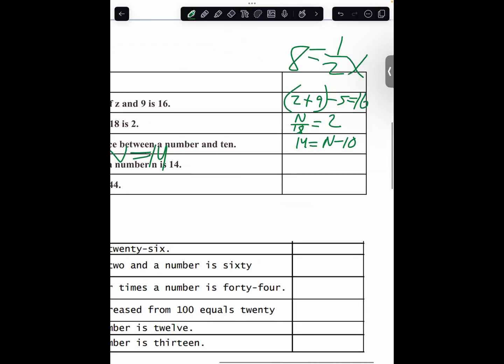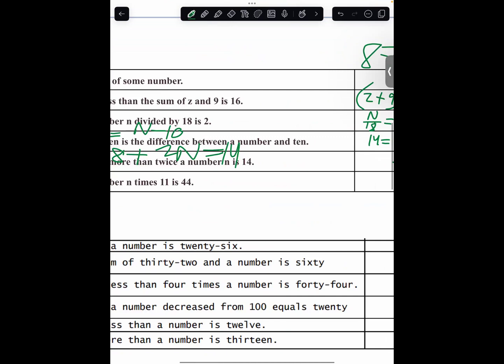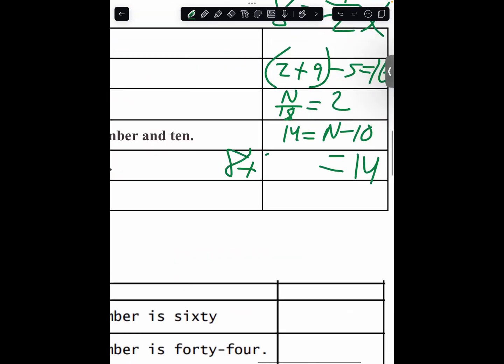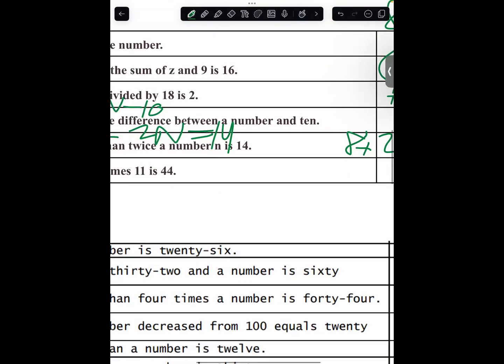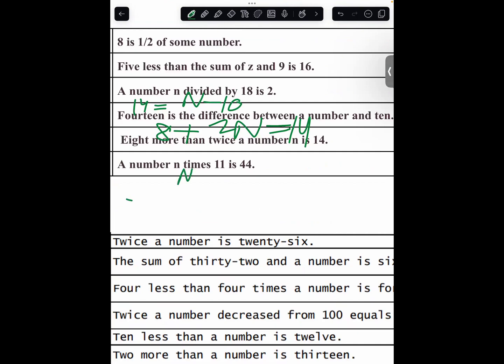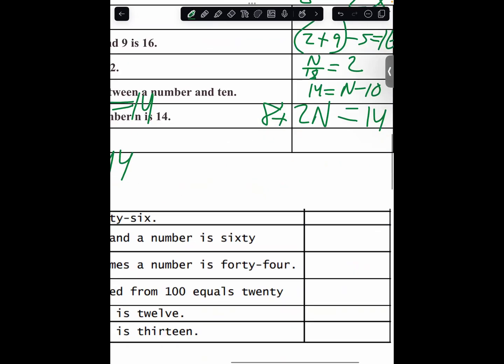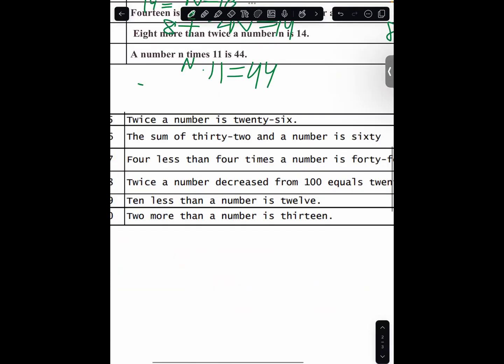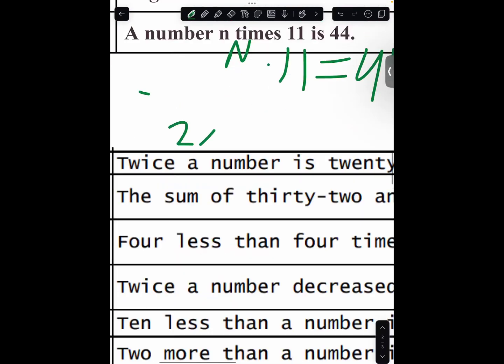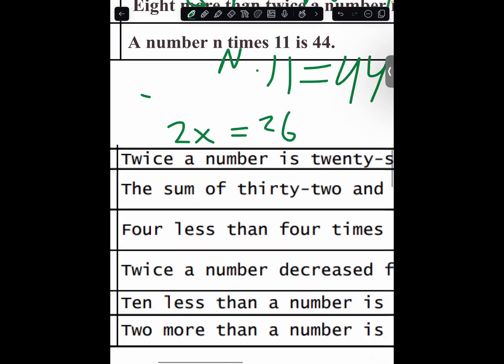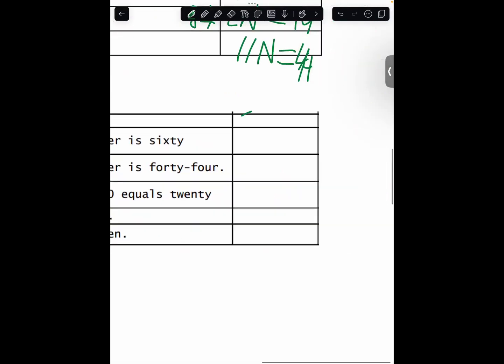So notice the word is, it's kind of telling you what it equals. So 8 plus 2n. All right, n times 11, which I'm going to turn around and say 11n, is going to be 11n equals 44. I'm always going to prefer this to be written like that. Twice a number is 26, so that's just like that. Okay, so 2x equals 26.